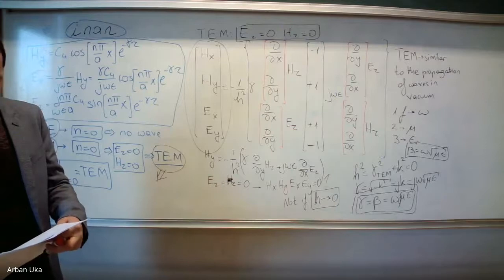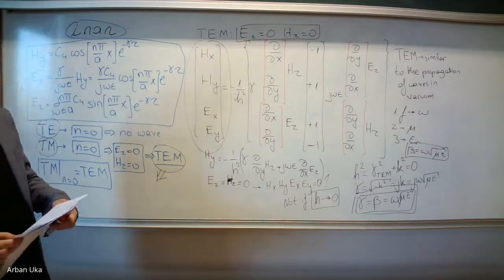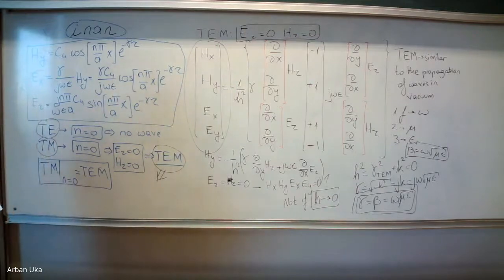Okay, we have here the equations for the EZ. Let's have a look for a moment. This is C4 times cosine.